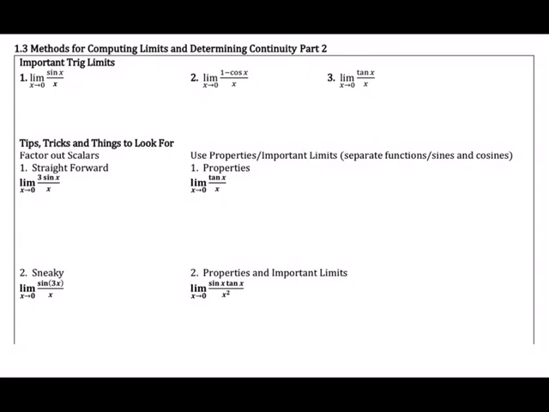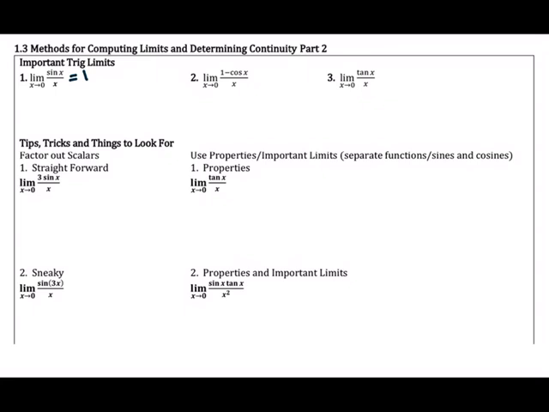So some important limits that you should know, and in a different video I can prove these to you, but you can use these as fact. The limit as x approaches 0 of sine of x over x is equal to 1. And there's a great proof involving some geometry, but today we're really just going to focus on how to use these identities and other trig identities to benefit us.